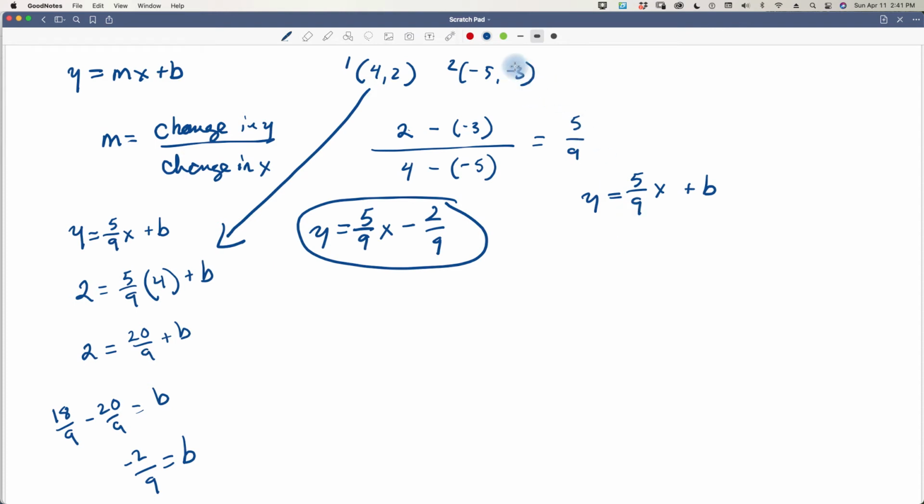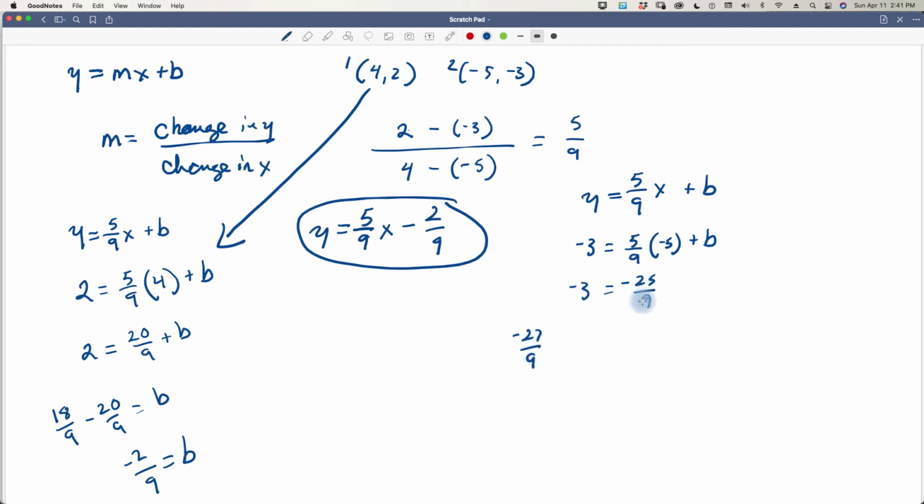Okay, so let's drop in -3 for y and -5 for x. All right, so -3 equals -25 over 9 plus b. -3 times 9 is going to be -27 over 9.